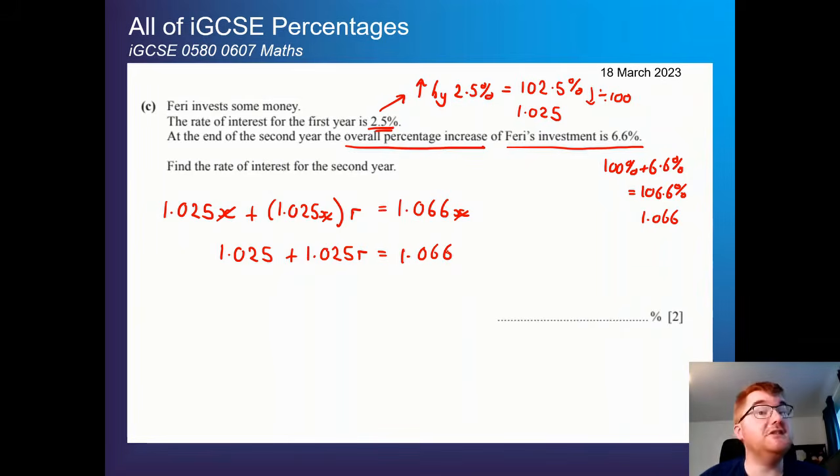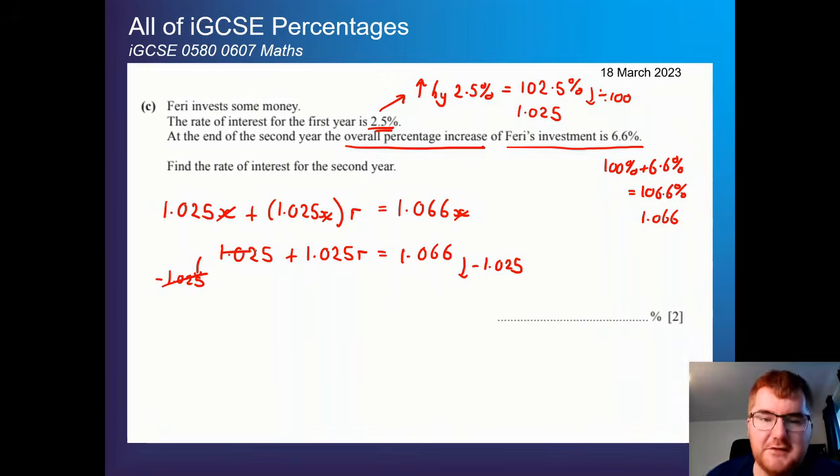And now we just approach this like an equation. So it is an equation. All we do is we minus 1.025 from both sides. This cancels, leaving us 1.025r. And if we take one away from the other, we get 0.041. But we want to work out this specific rate of interest.